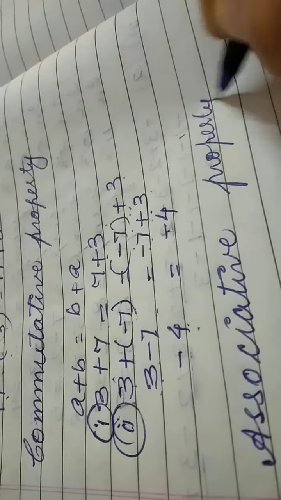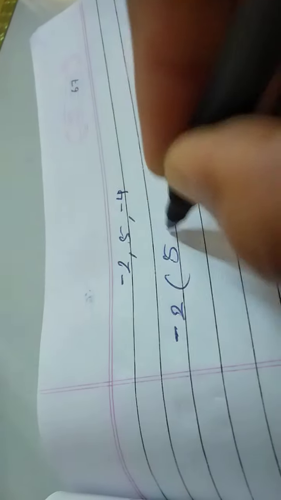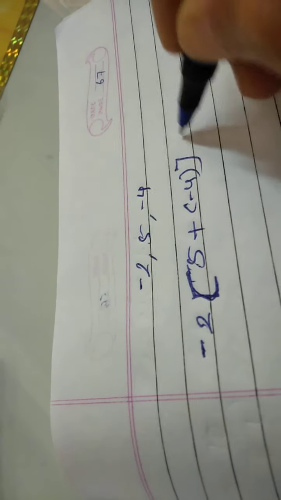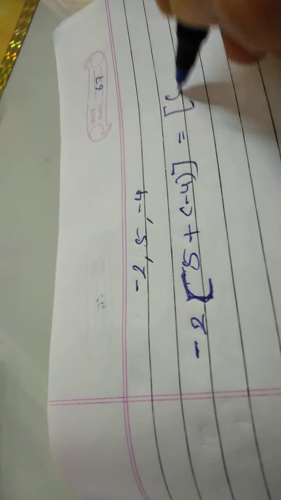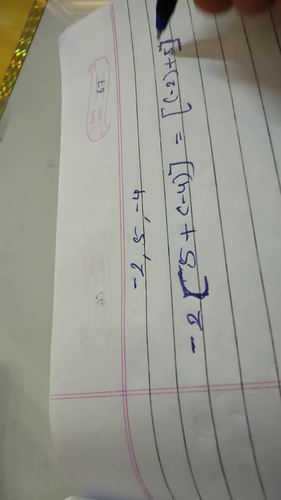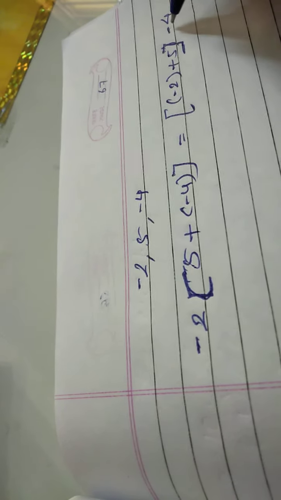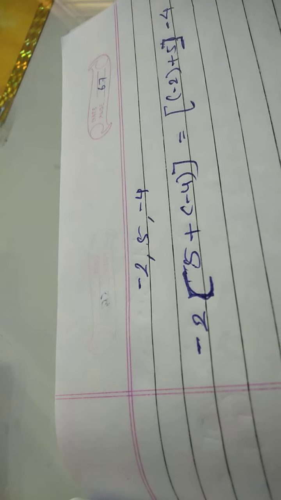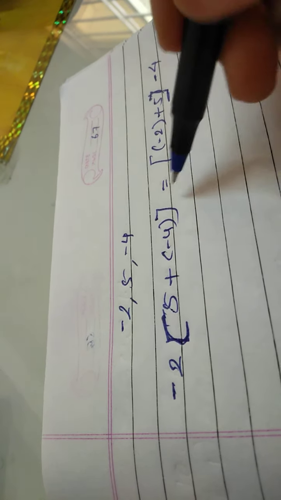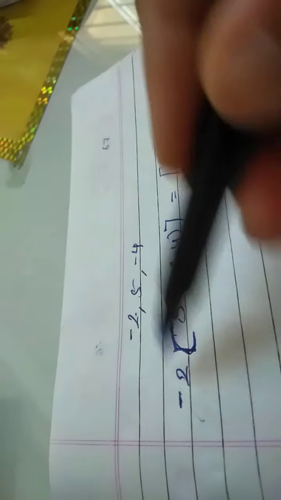So let us take minus 2 plus the bracket of 5 plus minus 4 is equal to the bracket of minus 2 plus 5, plus minus 4. Here we have taken the numbers same, you see, minus 2, 5, minus 4.